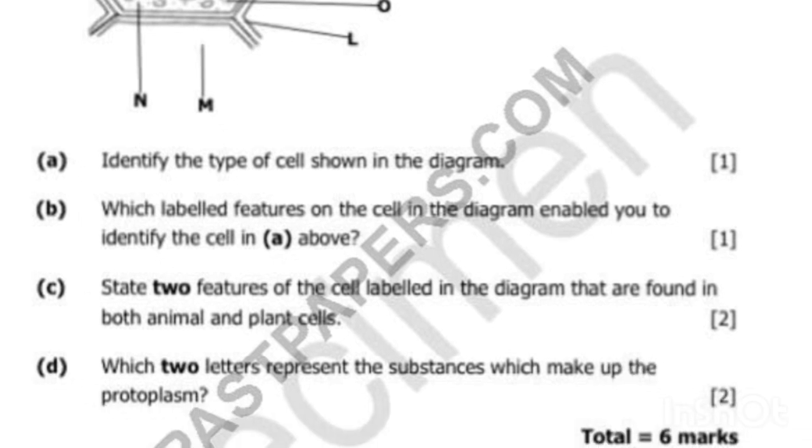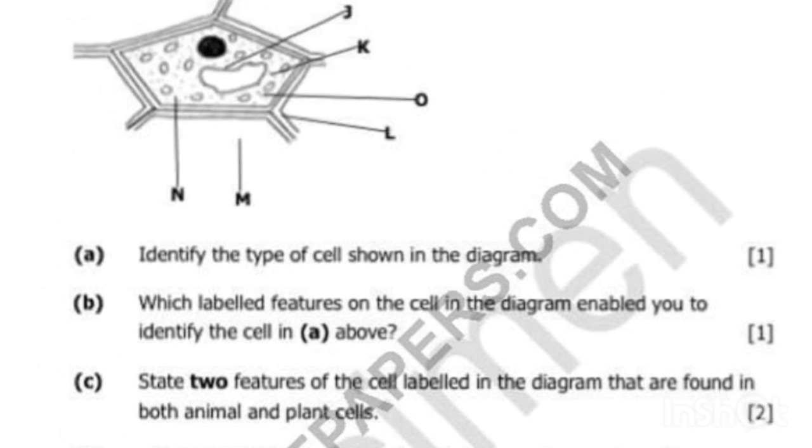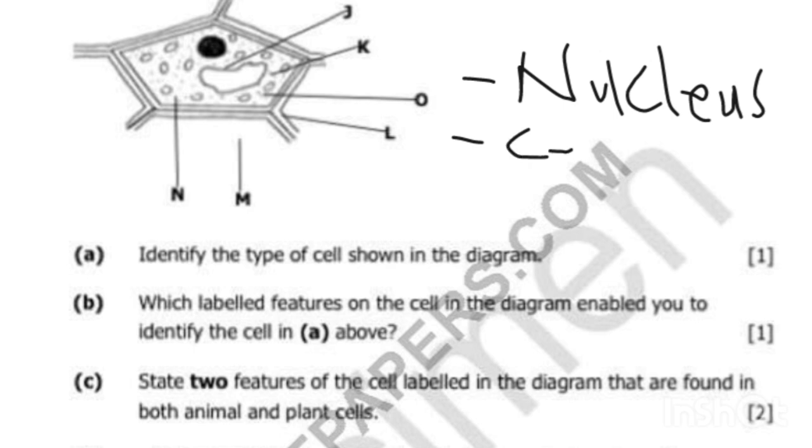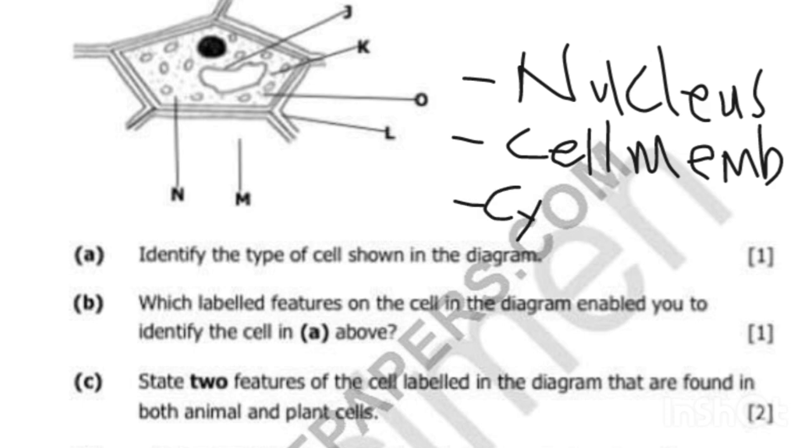We got to state two features of the cell labeled in the diagram that are found in both animal and plant cells. We know that the common features found in a plant and an animal cell are the nucleus, the cell membrane, and the cytoplasm.